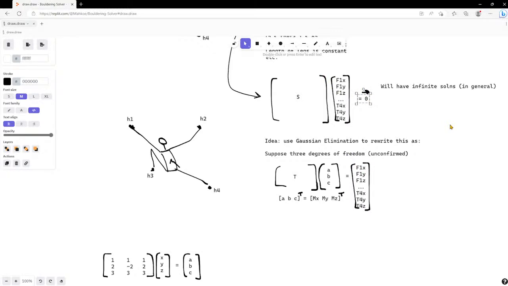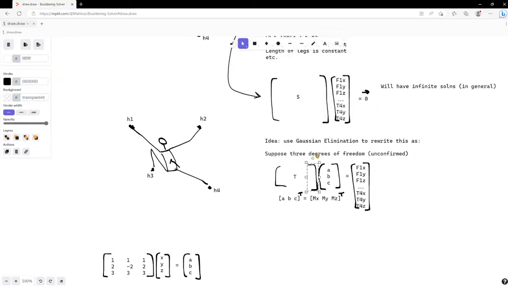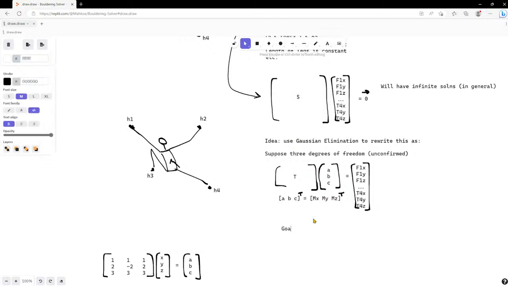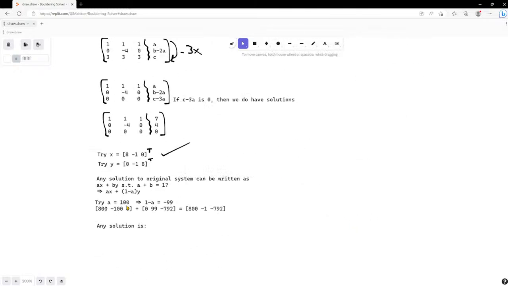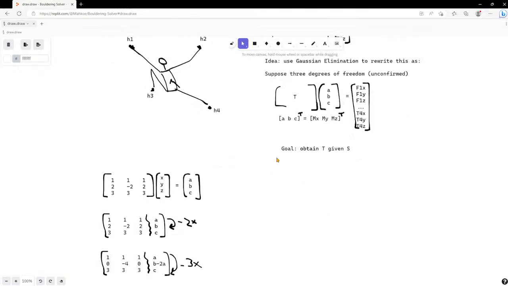So what we want to do is obtain T given S. Does that make sense? And how does that work down here? What is T here?